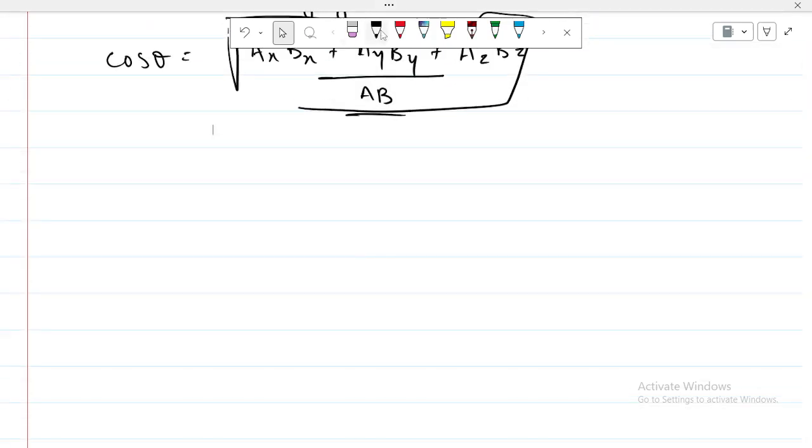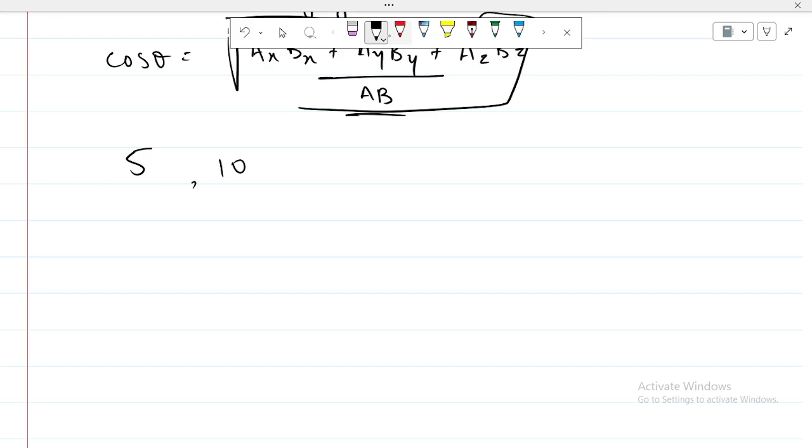Anyways, I think one more important point is why we really call it a scalar product. A scalar quantity is a quantity that just means a number, a magnitude associated with it. For example, 5 is a scalar quantity, 10 is a scalar quantity.